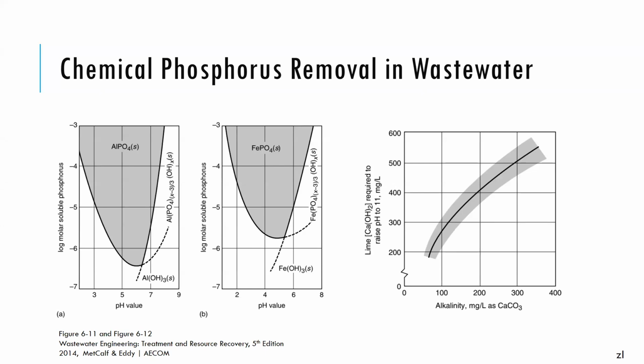The purpose of showing you this is that when you add metal salts for chemical precipitation, you will consume a lot of alkalinity. And if your influent contains minimal alkalinity, you could end up pushing the pH down below where you want to be, and certainly into an environment which is not suitable for biological treatment downstream. Next slide, please.